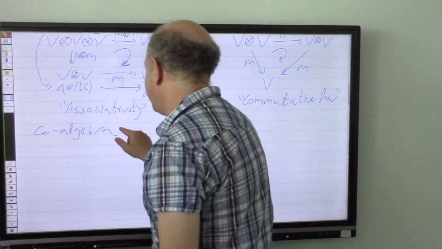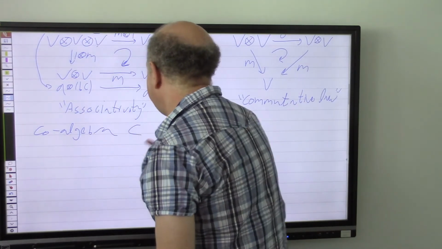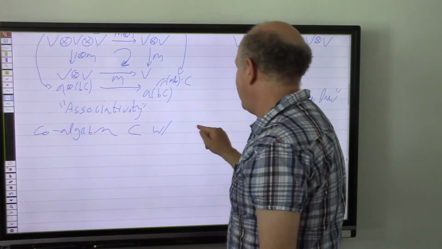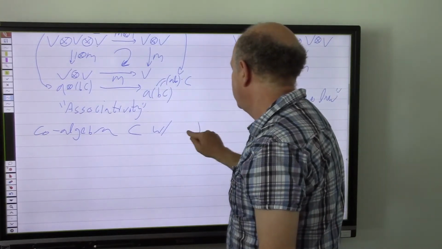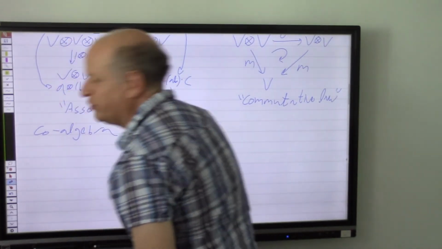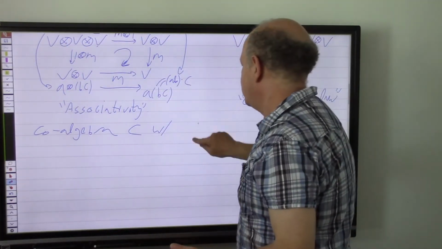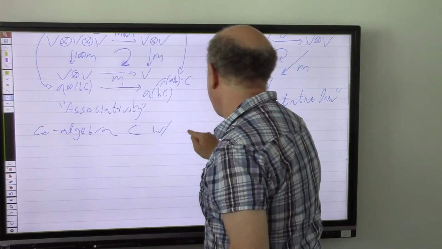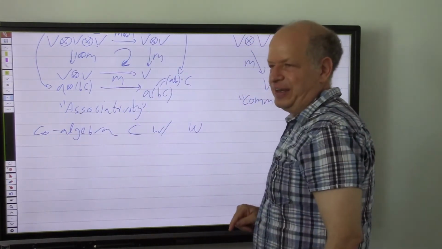So a coalgebra C is a vector space along with a map which now is called delta. If I was consistent and I wanted everything to be reversed, I should have reversed the M and denoted it by upside down M or something like that.